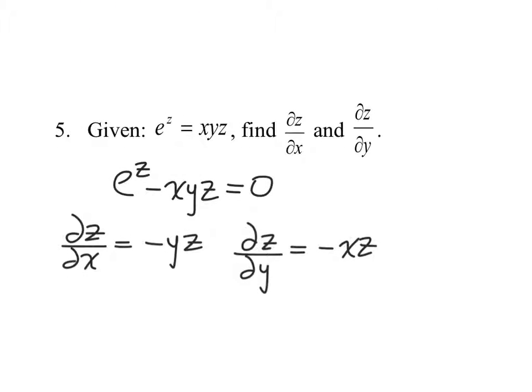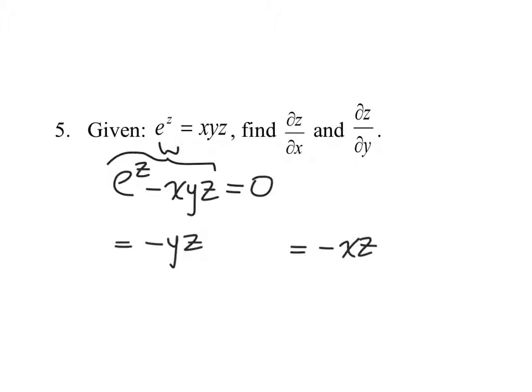It's not partial z. It's in terms of z. Because this is a new function. So why didn't it still say partial z with respect to x? That's ultimately what we're looking for. You'll see in a second.